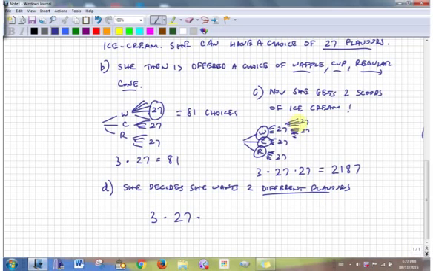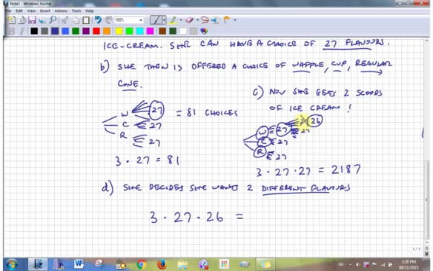So whatever choice I had, I can't have 27 here. I can only have 26, because if that was chocolate, I could have every other flavor except chocolate. Essentially, it's just one less. Okay, hopefully that makes sense.